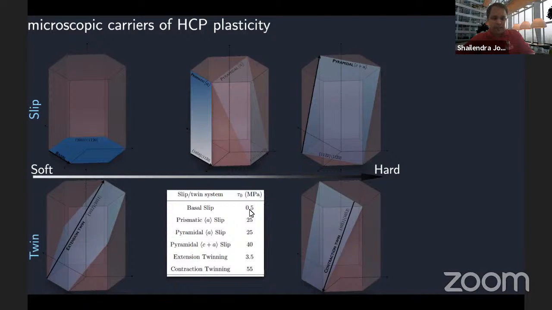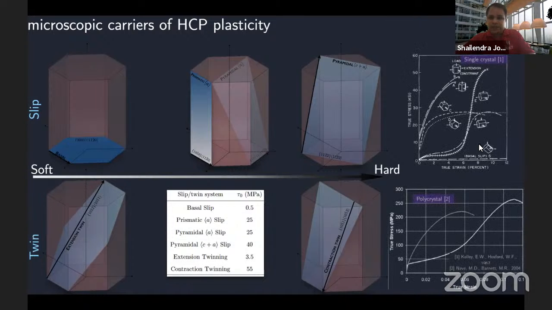You can see that basal slip is like butter. It's extremely soft and easy to activate at the smallest application of load, even for small crystallographic misorientations. But on the other end of the spectrum, you have contraction twinning that is two orders of magnitude harder plastically to activate.